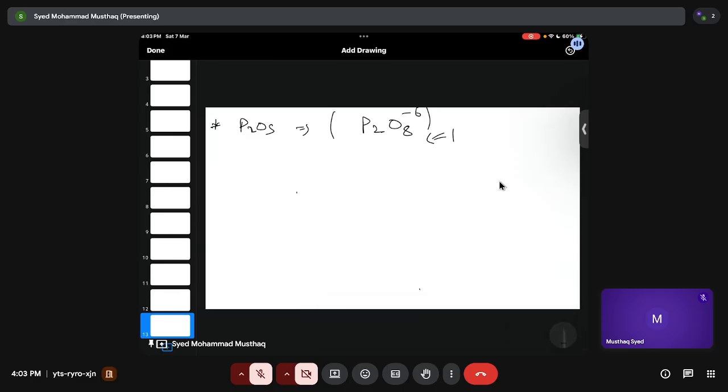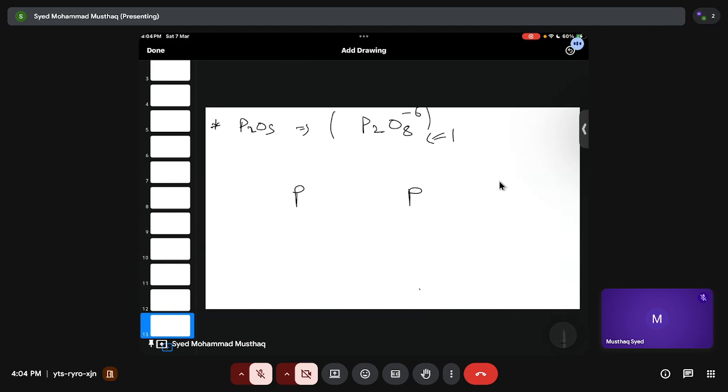Let's say this is my phosphorus atom, this is my phosphorus atom. So my phosphorus pentoxide. Let's not look at the 3-dimensional structure, let's only see the Lewis structure.